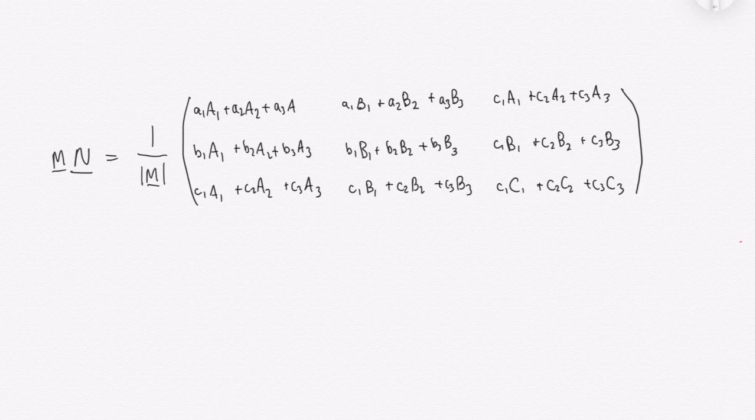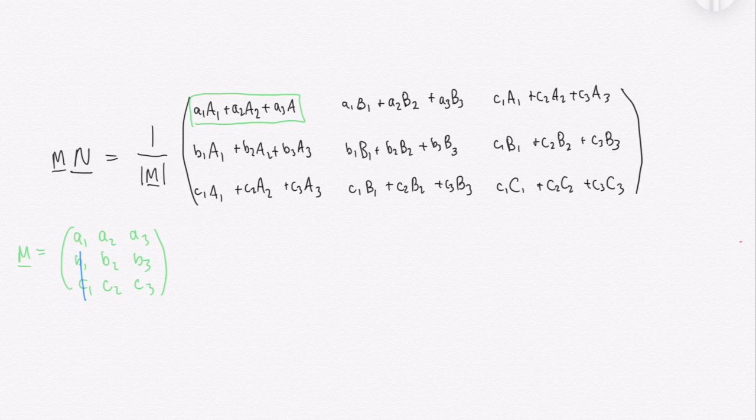So now we're going to think about what actually these elements end up being. And let's just write out the matrix M here, so we've got it to help us think what's going on. So let's start with the top left element here, and let's think about what this is. Well, this is the element a1 multiplied by the cofactor A1, which is the determinant of the matrix formed when I eliminate the elements in this row and this column.